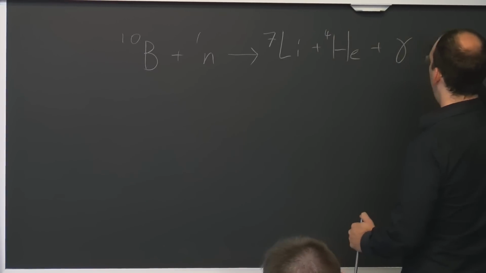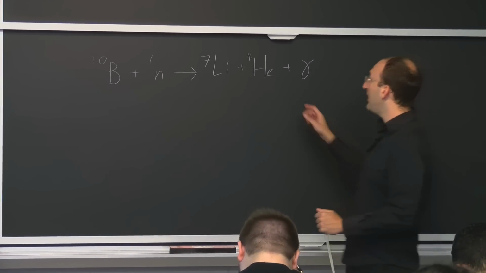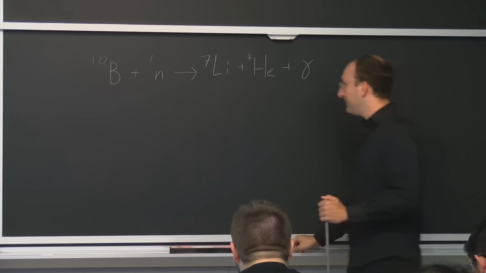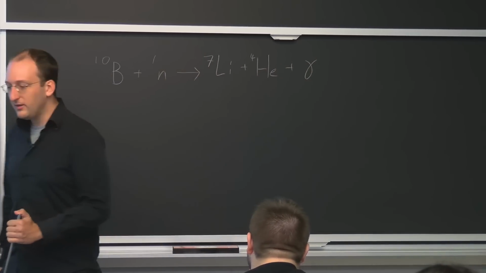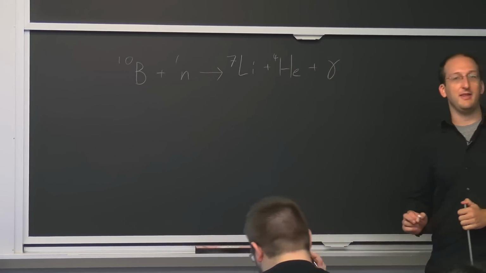There's a gamma ray, and there's going to be some Q value, or energy either released or consumed, in this case released, in the form of the kinetic energy of the recoil products as well as the gamma ray energy. So let's also give a quick review of the Q equation, since I think we covered that last week.